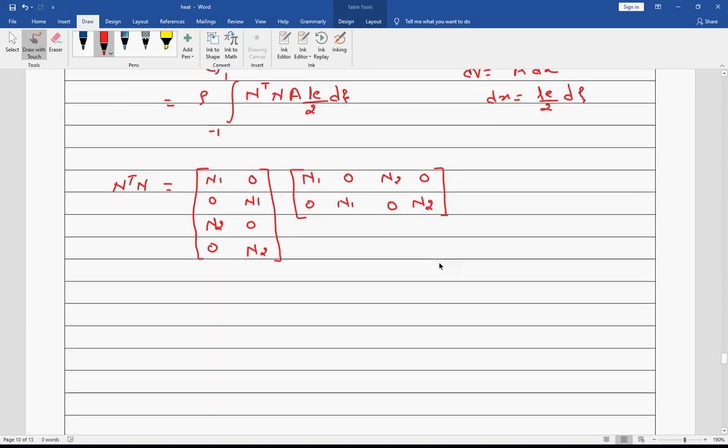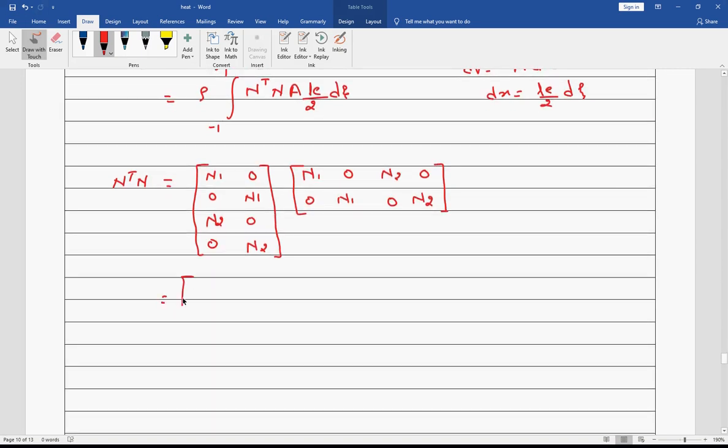So after multiplying this, I'm going to get N1 square, then this into this.